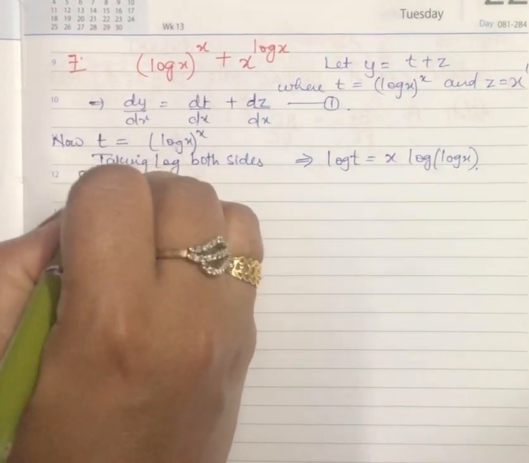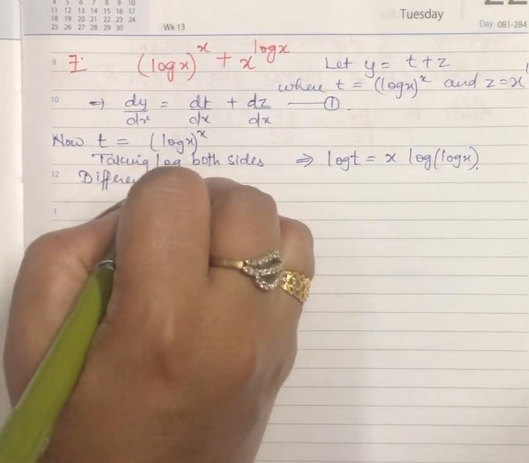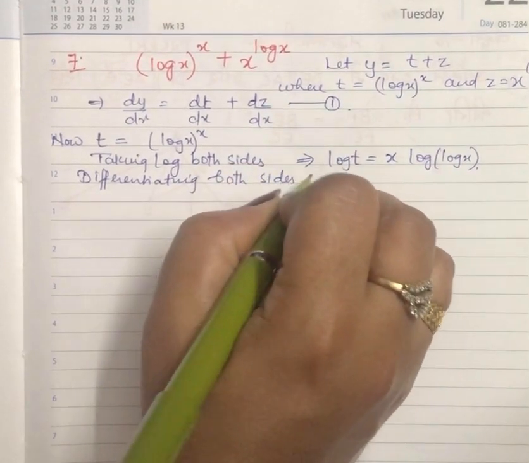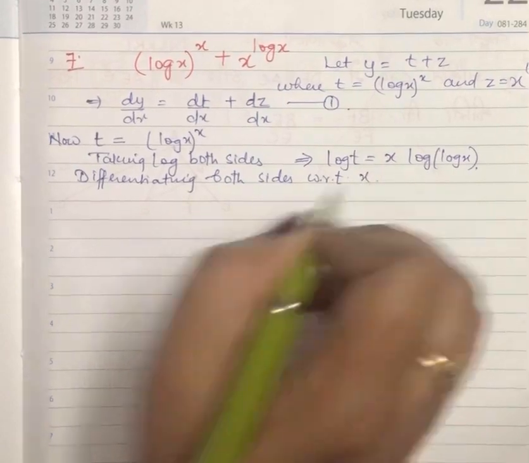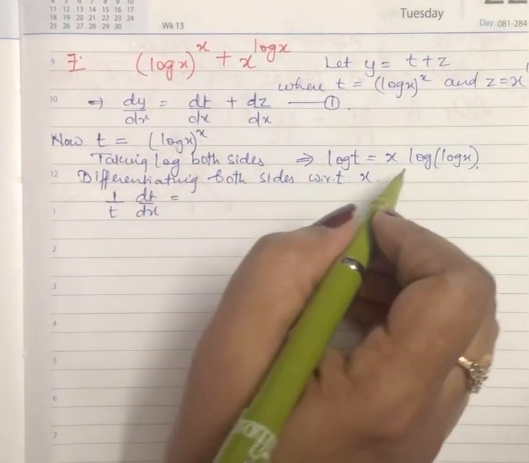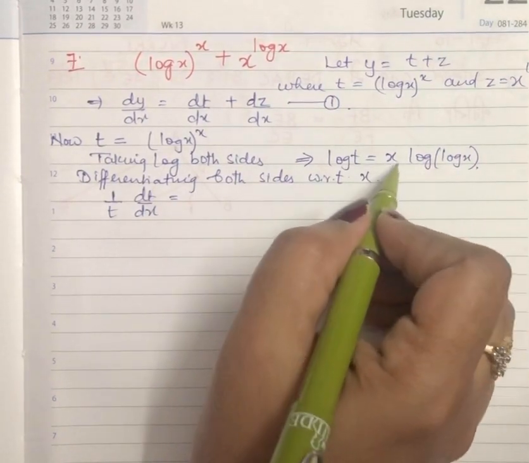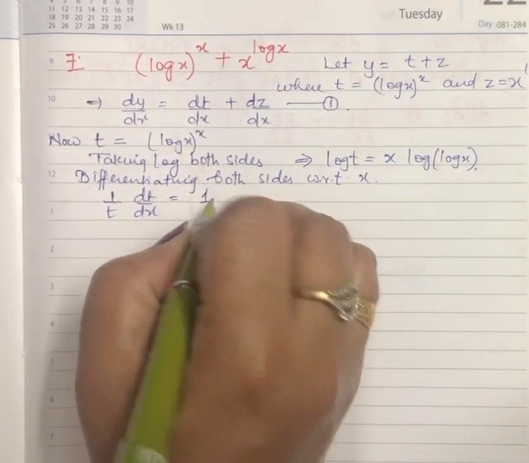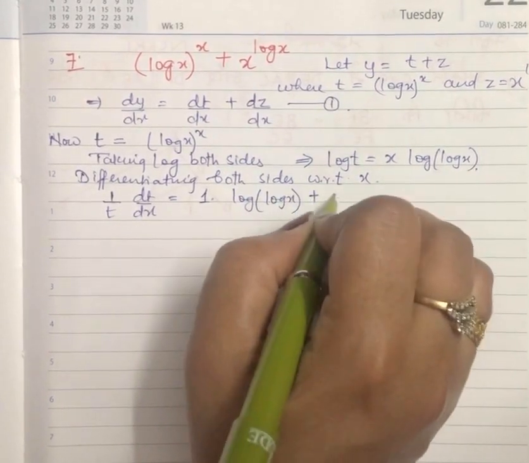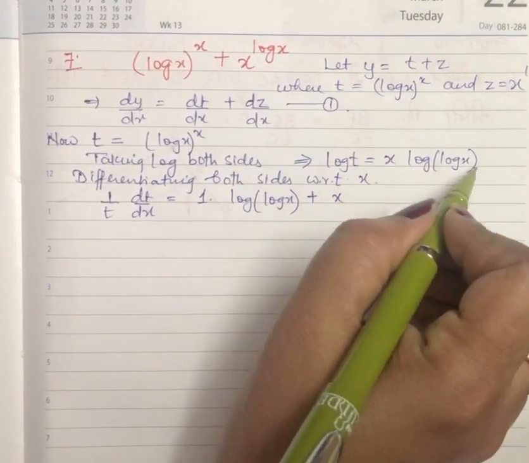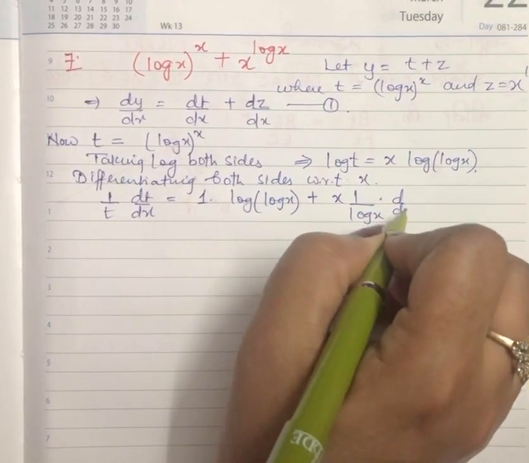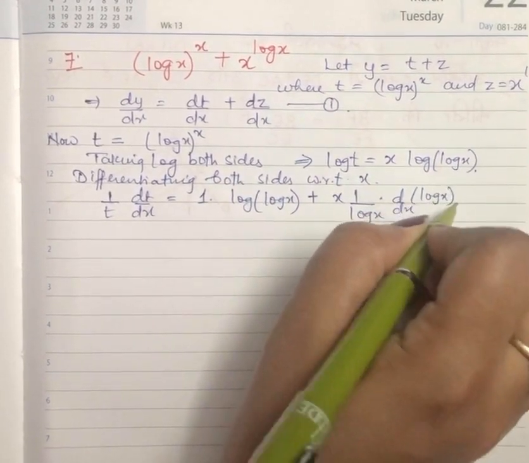Now differentiating both sides with respect to x, we get 1 by t dt by dx is equal to, now again applying product rule, differentiation of x is 1 into log of log x as it is plus x as it is. Now differentiating log of log x, it becomes 1 by log x into d by dx of log x. We have applied the chain rule here.